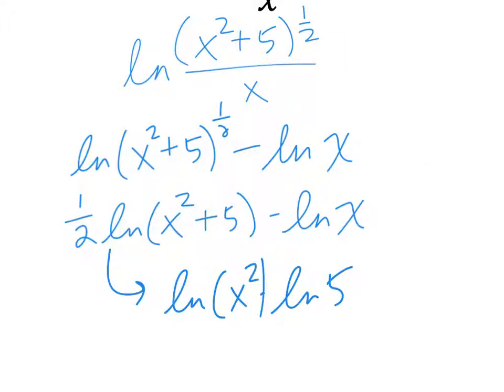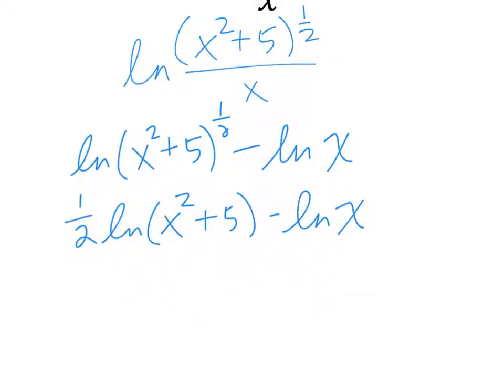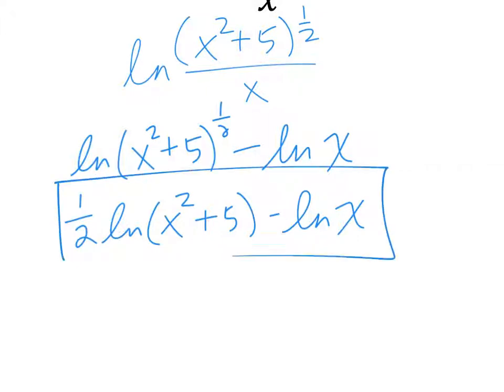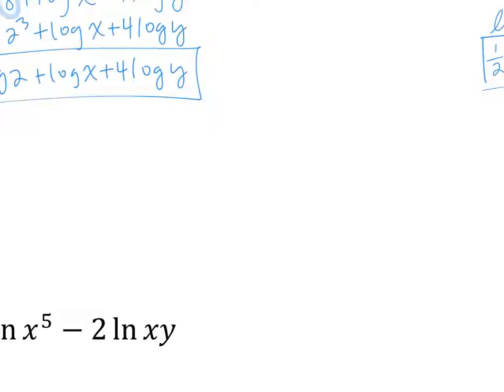That is not one of the rules. So please be careful. It's just a common mistake people make. So this is the final answer. Please be careful with how to exactly use the rules. The rules look similar to things you want to always apply, but not all the time, so be careful.